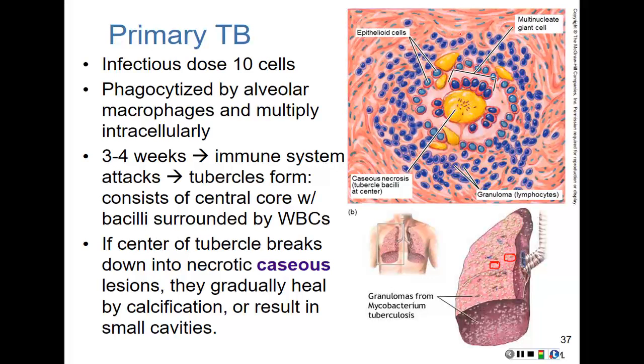And so what we see here is you have the bacteria present here, but overall this lesion is really only a small part bacteria, and the rest of it is actually all of the immune system and lines of defense coming in to fight this bacteria, and they are causing the tubercle.